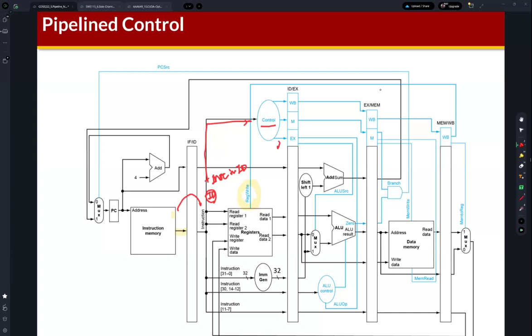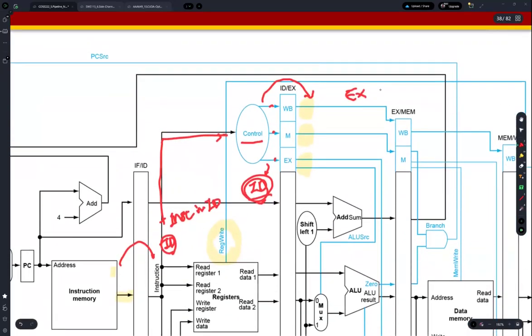These are control signals in the ID stage, right? You can find that these control signals are propagated to the next stage. What is the next stage? The next stage is the EX stage. So control signals are propagated to the EX stage. These are control signals in the EX stage, right?